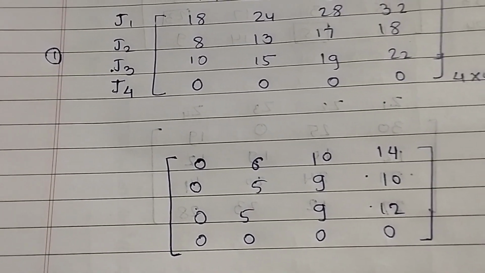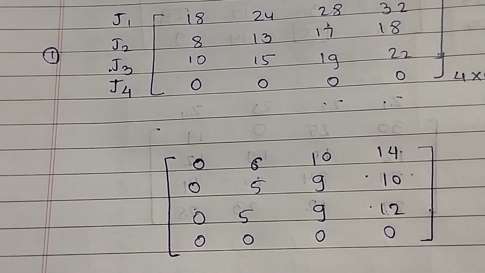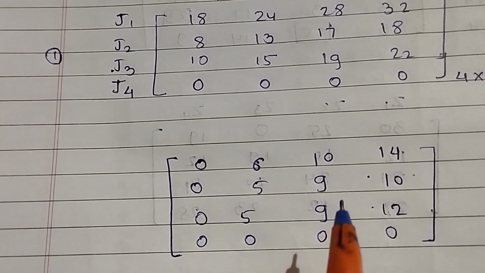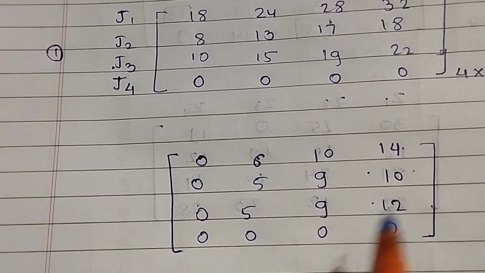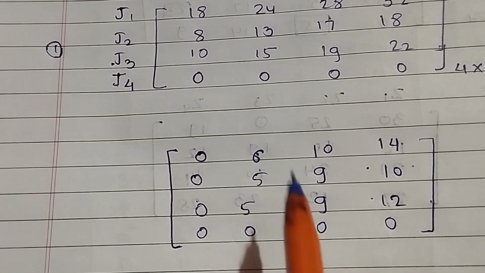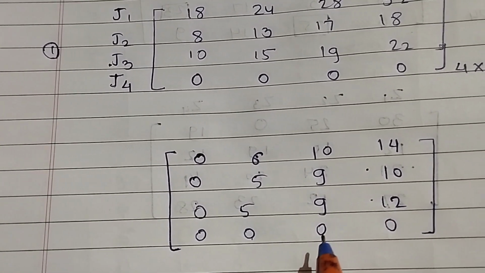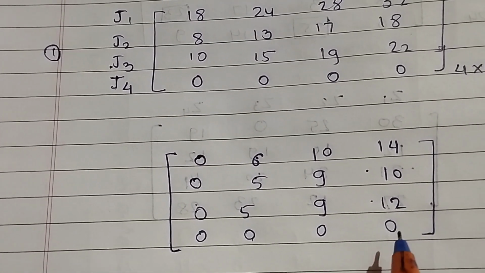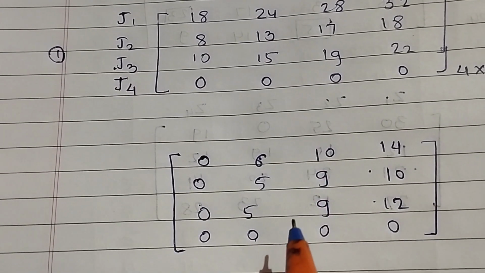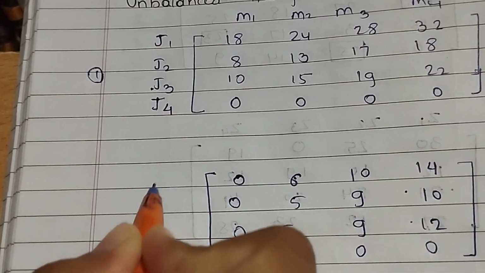The minimum value from the first column is 0, from the second column also 0, and from the third and fourth also 0. So all the values stay the same for the column operation. Here we perform the row operations.